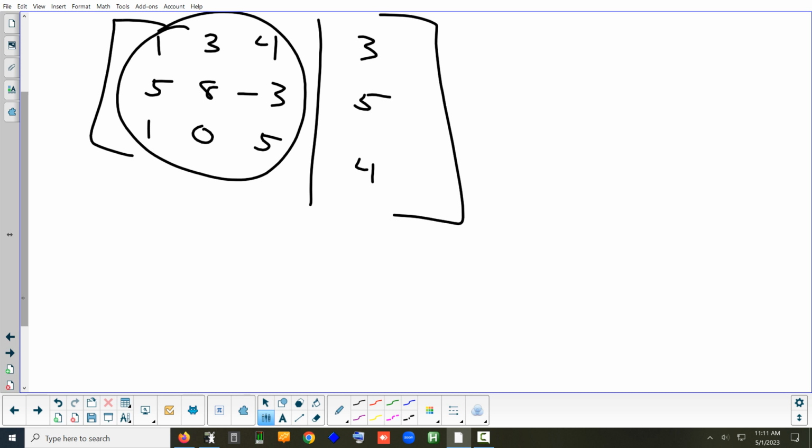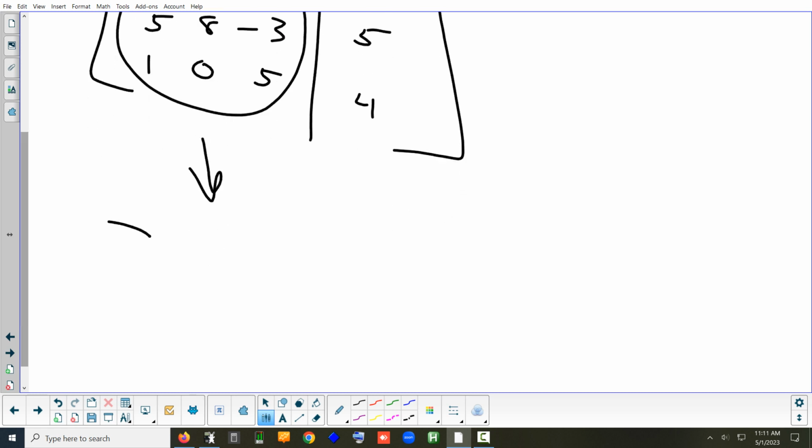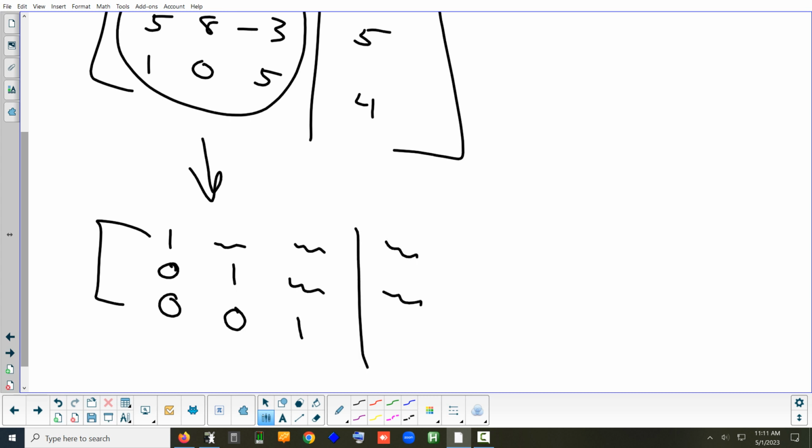When we're done, we want to end up with something that looks like this. That could be anything. That could be anything. That could be anything. So where I put squiggles, I don't care what ends up there.